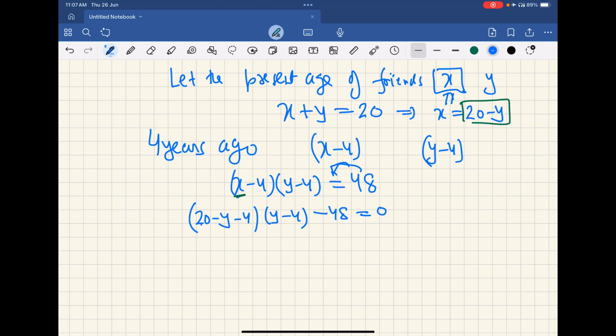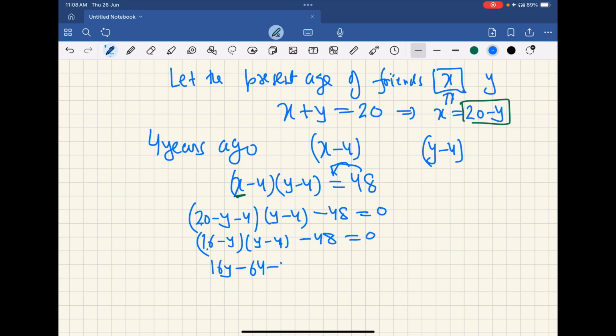Now 20 minus 4 is 16, so 16 minus y times y minus 4 minus 48 equals 0. अब देखिए 16 into y is 16y, minus into minus is plus, and this is 16 times 4, which is 64.